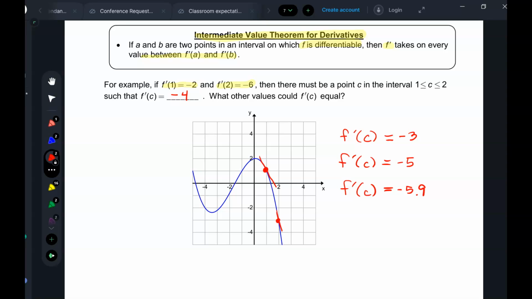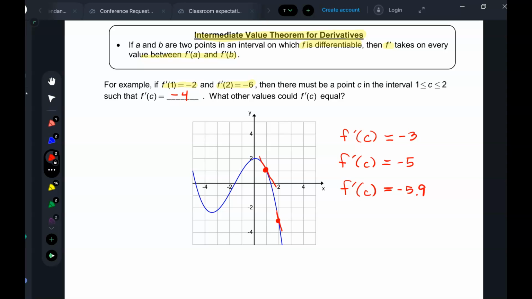I think I used this analogy before, right? It's kind of like average value in a sense. Let's say you start from home, right? You're starting at 0 miles per hour, and your highest speed is 50 miles per hour.